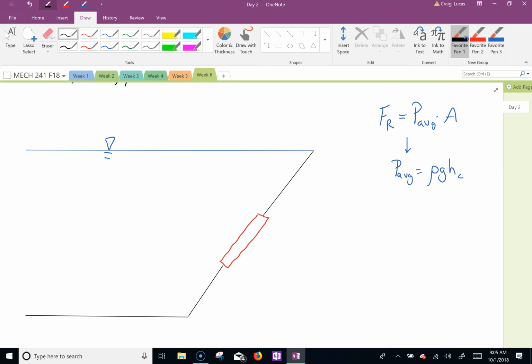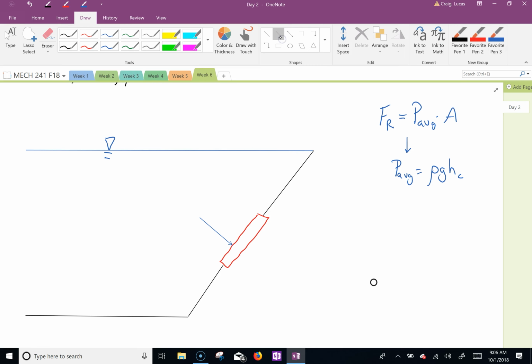Then, this hydrostatic force will act perpendicular to that surface, but we know that it's not at the center location because the pressure distribution is weighted. It's a higher pressure down below here, and so this hydrostatic force actually acts at the center of pressure. So this is what we want to label.